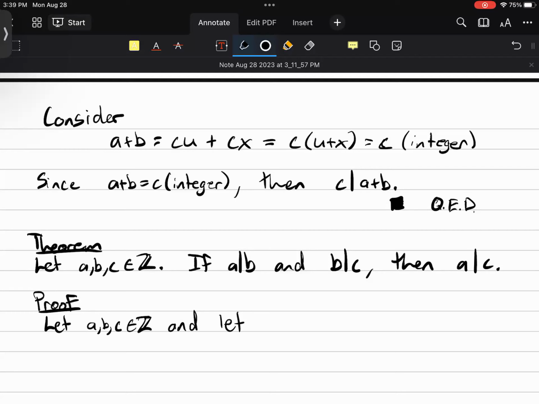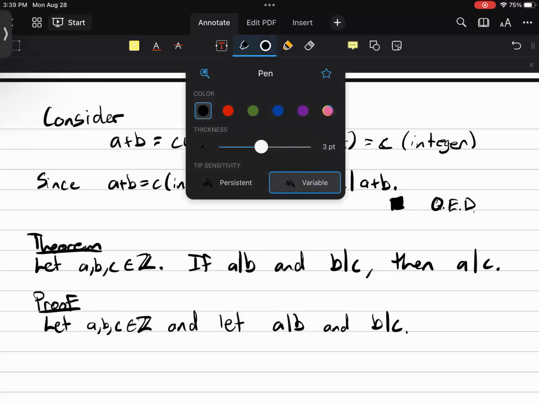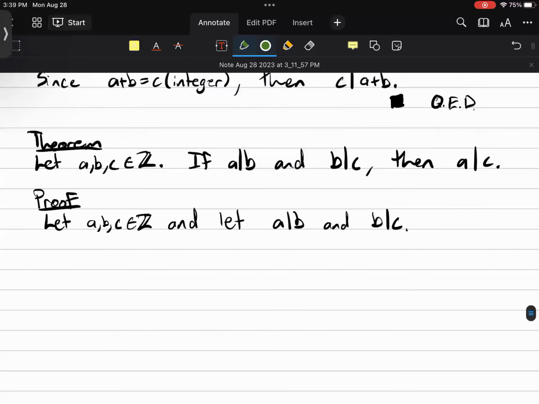A divides B, and B divides C. And now that we've stated out what we've got to use, we're just going to make this mental note, which I'm going to be writing out in green. Our goal is to show what? A divides C.